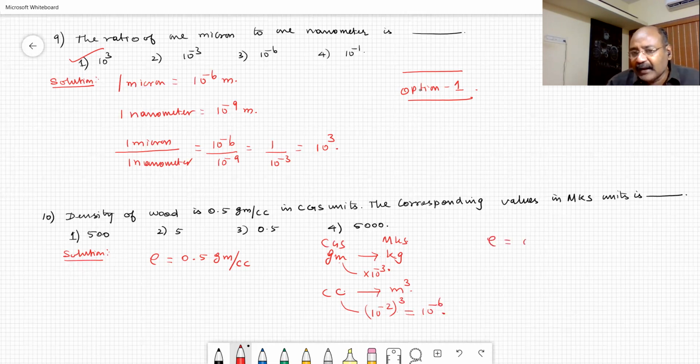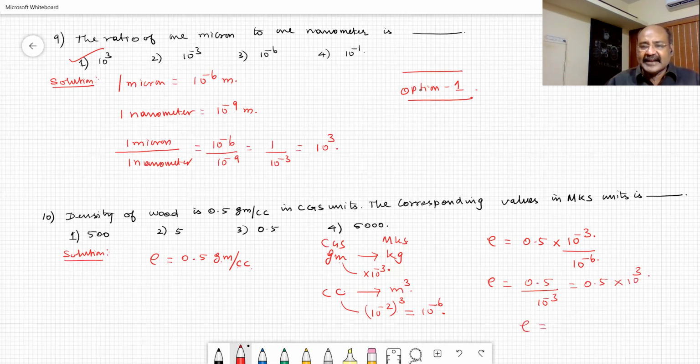So rho equal to 0.5 multiplied by 10 to the power of minus 3, to convert gram to kilogram, divided by 10 power minus 6, to convert cubic centimeter to meter cube. On simplifying, you get rho equal to 0.5 divided by 10 power minus 3, which is equal to 0.5 into 10 to the power of 3.